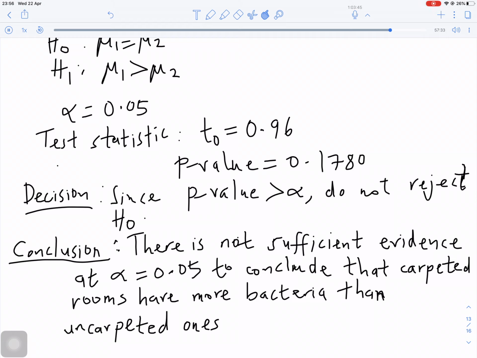There is not sufficient evidence at alpha equals 0.05 to conclude that carpeted rooms have more bacteria than uncarpeted ones. So if you do not reject the H0, it means that there is not sufficient evidence to conclude H1.